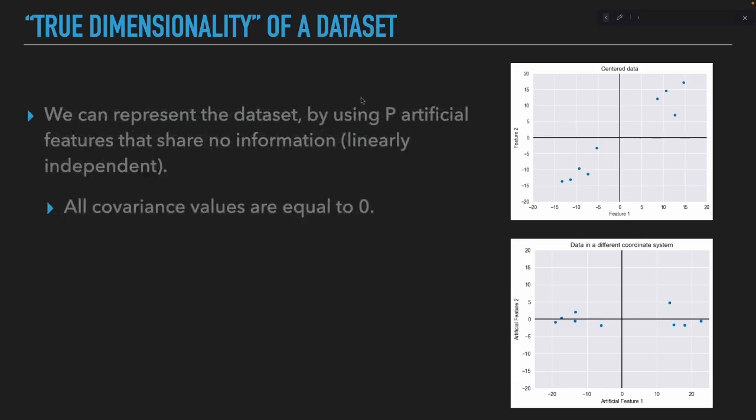And this brings us to the final conclusion of this true dimensionality mini chapter, which says that if p, the true dimensionality, is equal to 2, and if we really need two features in order to represent all the variability and all the patterns in our dataset, this must mean that this variability, these patterns, must come from two different sources that share no information.